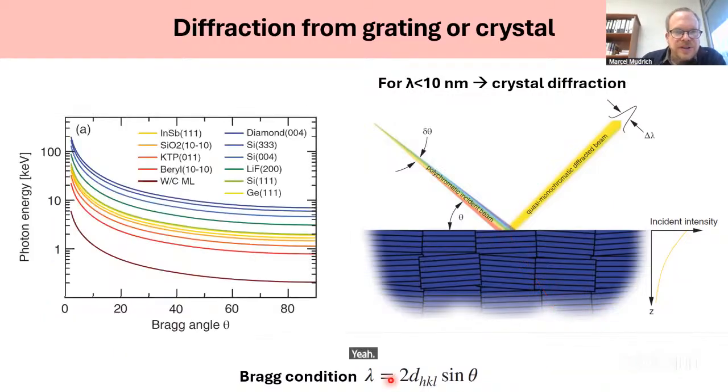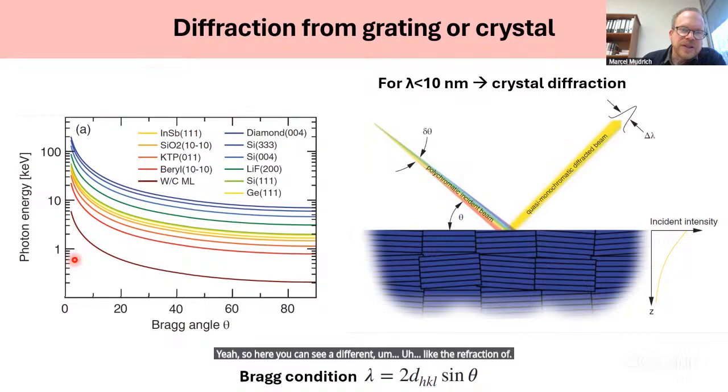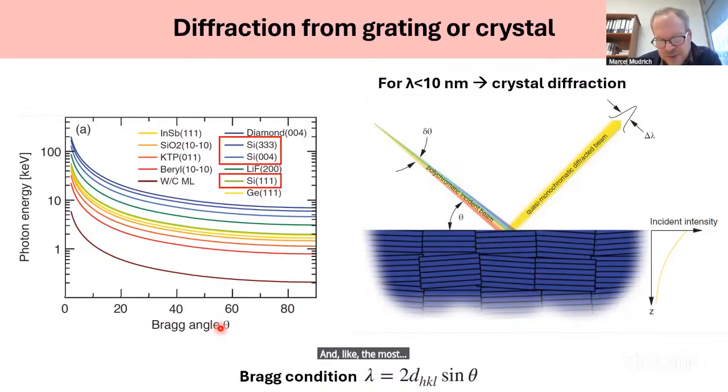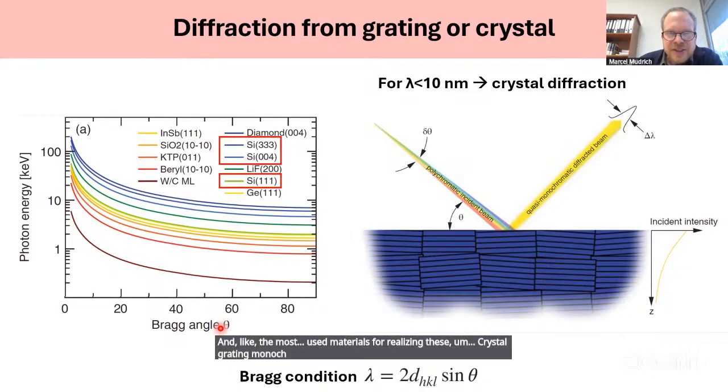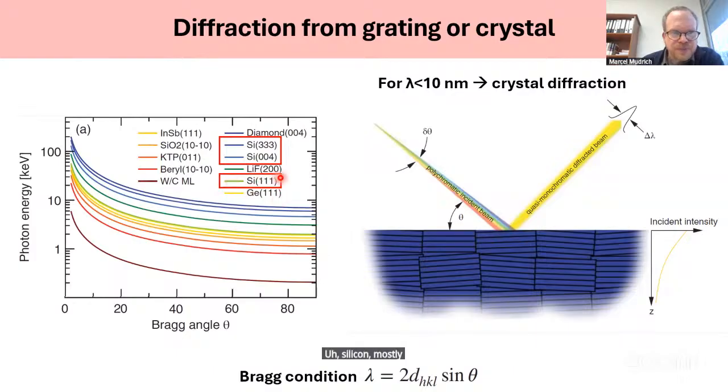Yeah, so here you can see the diffraction at different crystal orientations as a function of the Bragg angle. And the most used materials for realizing these crystal grating monochromators in synchrotrons are silicon, mostly silicon 111.